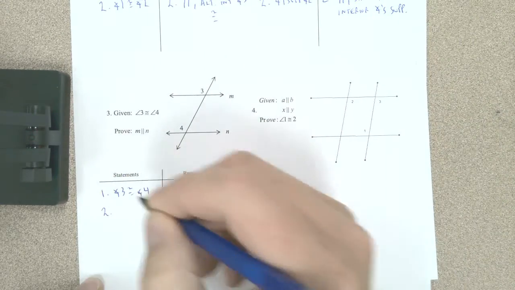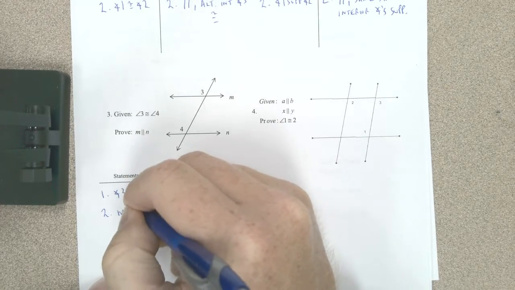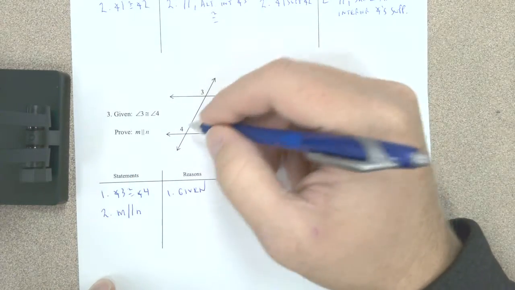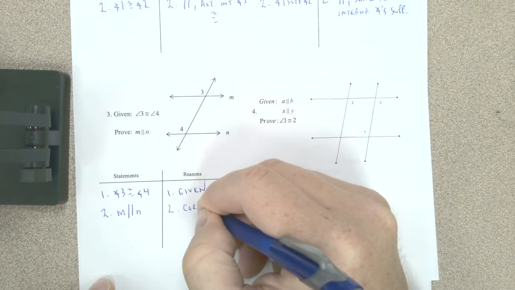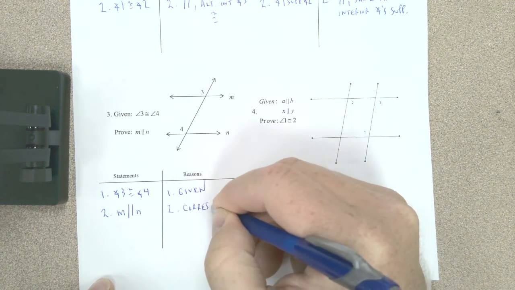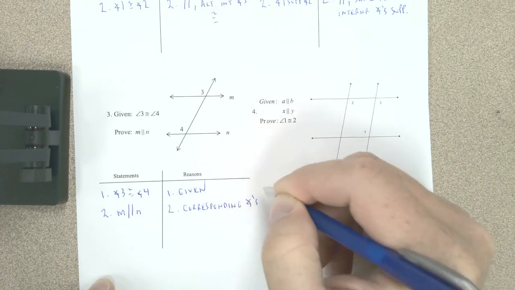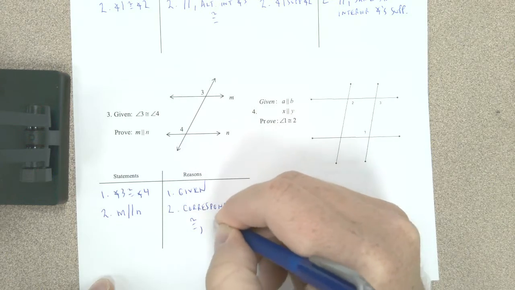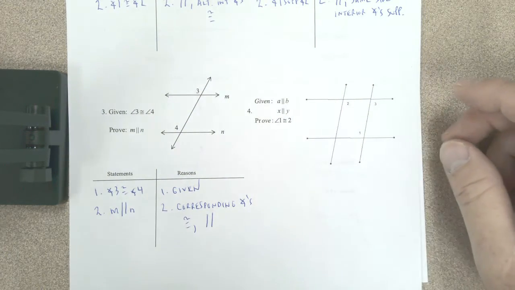And one of our postulates says that if corresponding angles are congruent, then we know the lines are parallel. So reason, corresponding angles congruent, lines are parallel. So again, another two-step proof here.